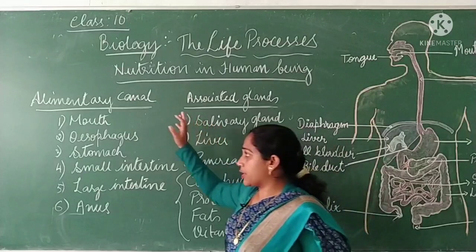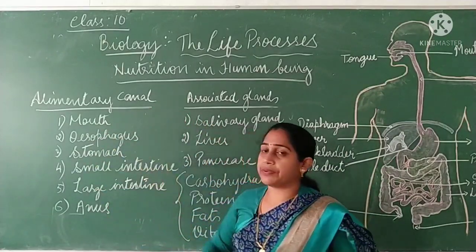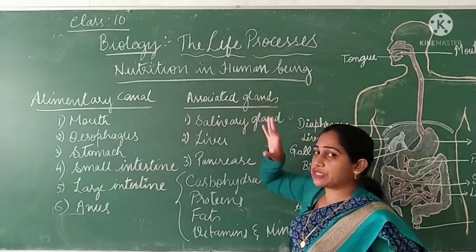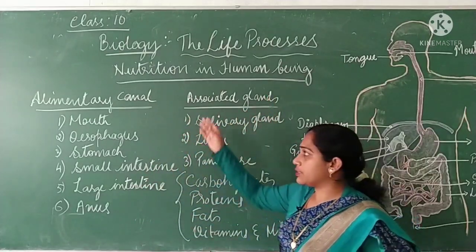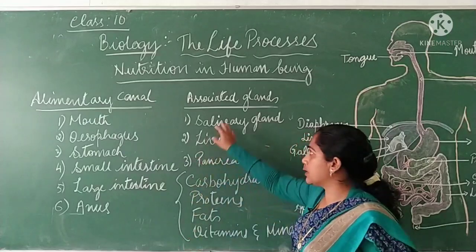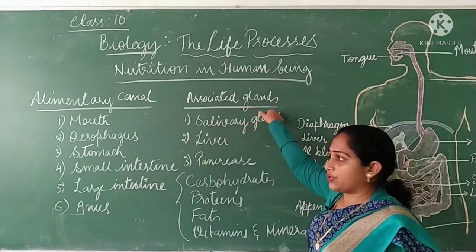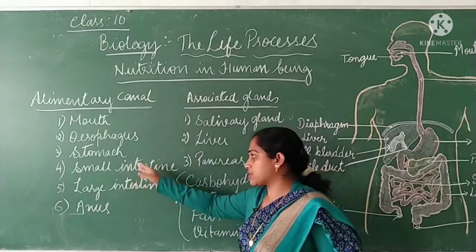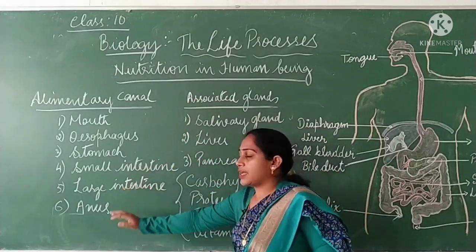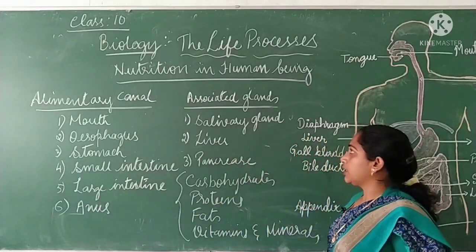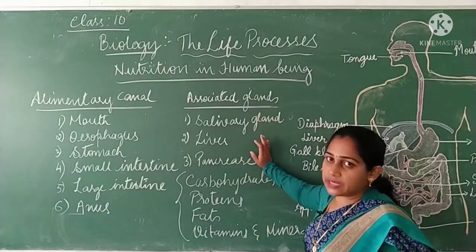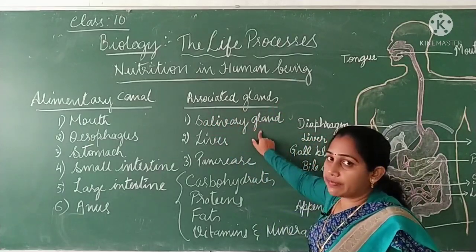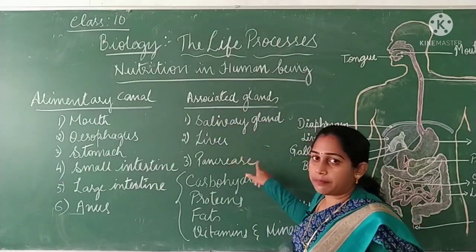Digestion is not only happening through the alimentary canal. It also needs some associated glands. The digestive system in our body is not just the alimentary canal, it also includes the associated glands. Along with the alimentary canal parts, that is mouth, esophagus, stomach, small intestine, large intestine and anus, the associated glands also help in the digestion process. The associated glands include the salivary gland, liver and pancreas.